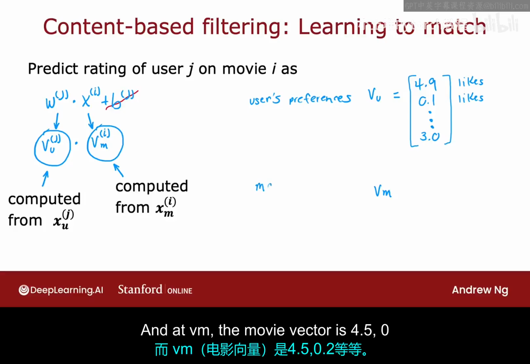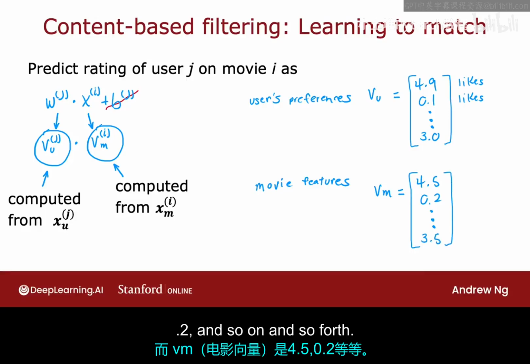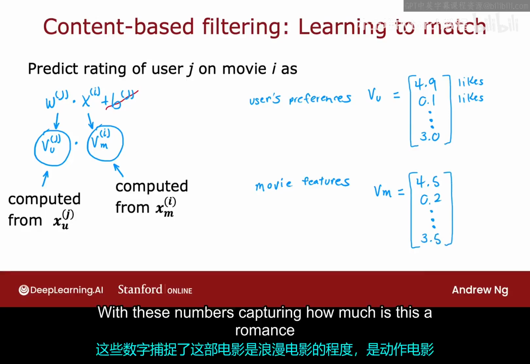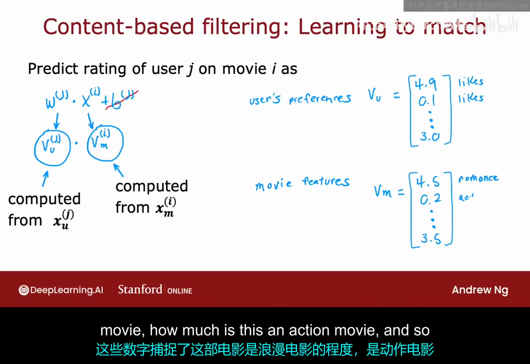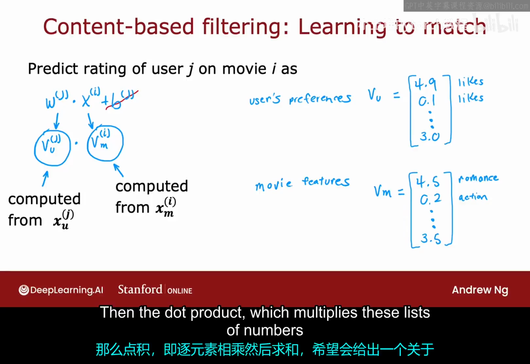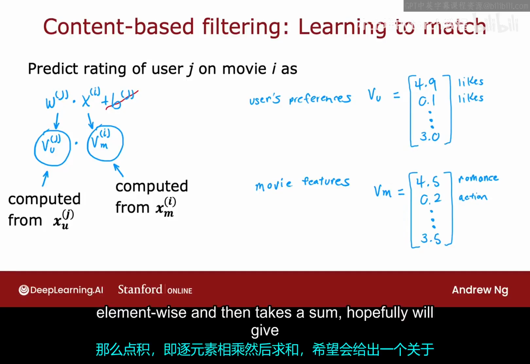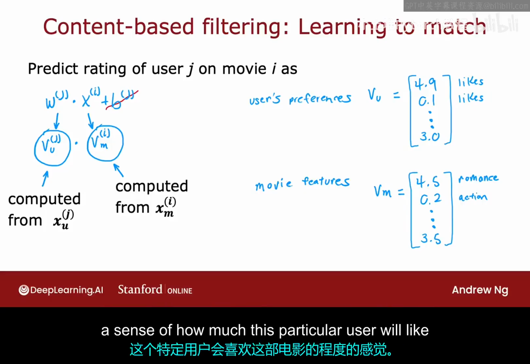And if VM, the movie vector, is 4.5, 0.2, and so on and so forth, with these numbers capturing how much this is a romance movie, how much this is an action movie, and so on. Then the dot product, which multiplies these lists of numbers element-wise and then takes a sum, hopefully will give a sense of how much this particular user will like this particular movie.